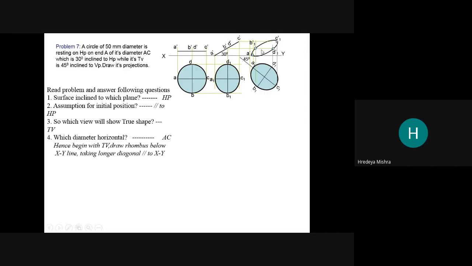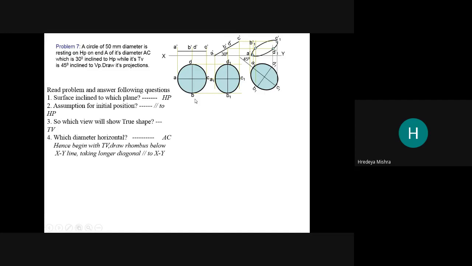So this is our final top view and front view projection of the circle. It is up to you how many diagonals you assume. The position of one diagonal is given, the name of the one diagonal is given, which is AC.